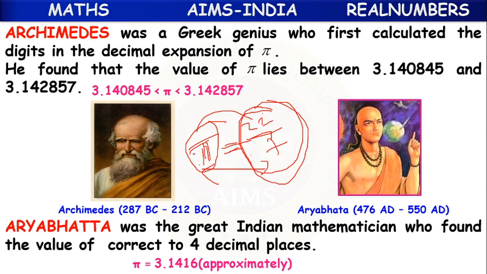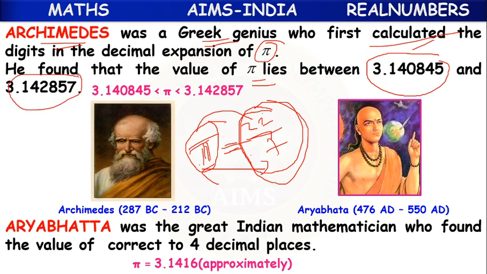Regarding this, Archimedes, a Greek genius, first calculated the decimal expansion of pi, and he found that the pi value lies between 3.140845 and 3.142857.